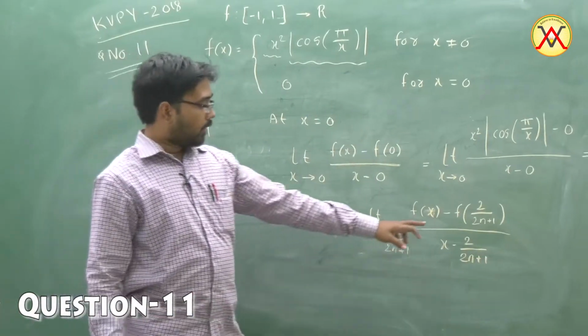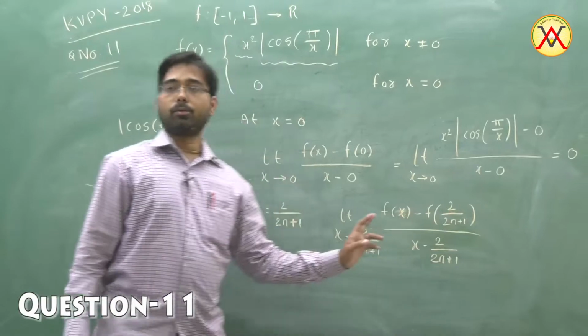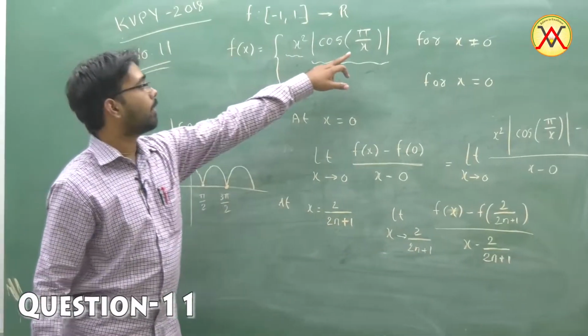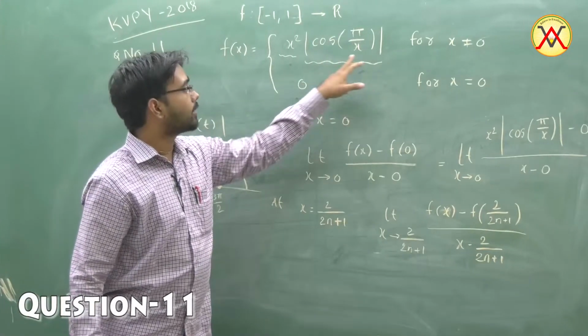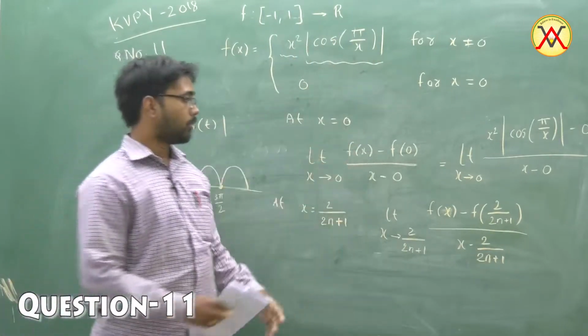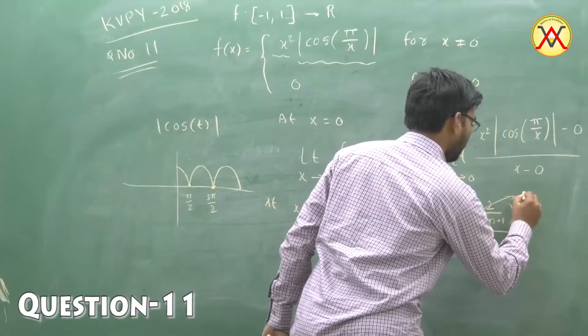Now you see this quantity f(2/(2n+1)) is going to be 0, because when x is 2 upon an odd integer, cos(pi/x) is basically 0.